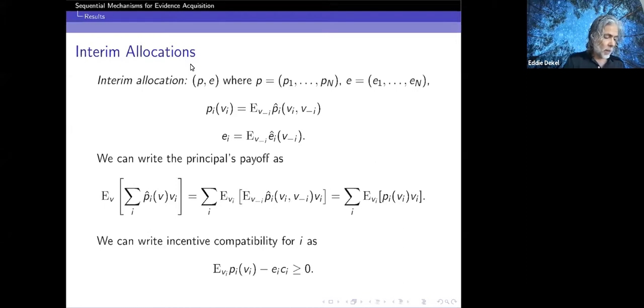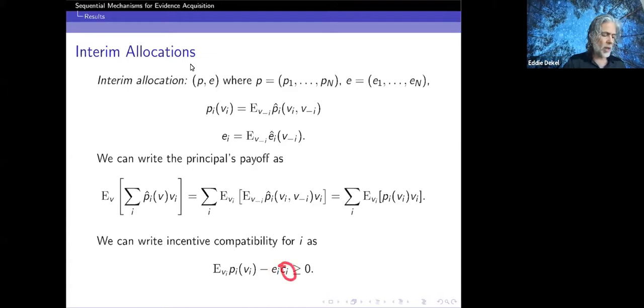Okay. How about incentive compatibility? Incentive compatibility is very simple. It just says that I's expected probability of getting the good, in other words, his interim probability of getting the good if he has value VI, is the expectation over all his values. So this is the expected probability of getting the good. This is the expected probability of being asked for evidence.